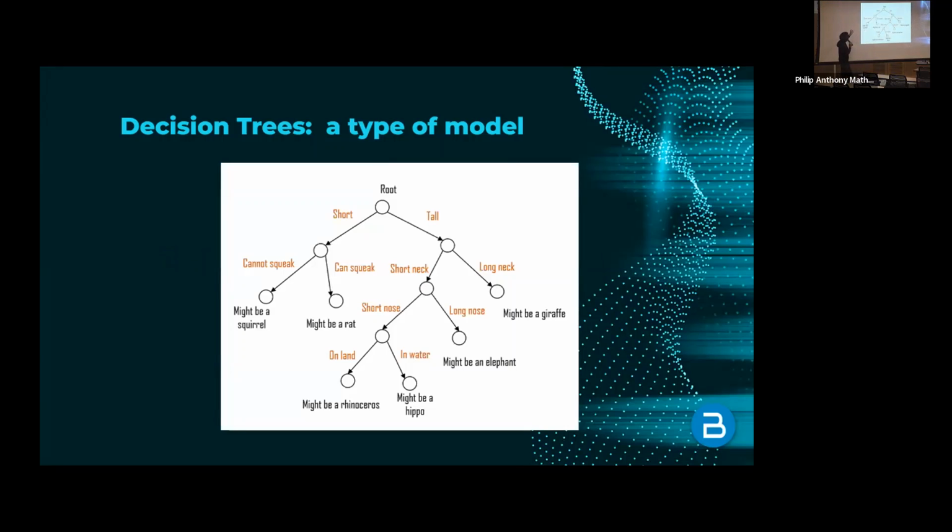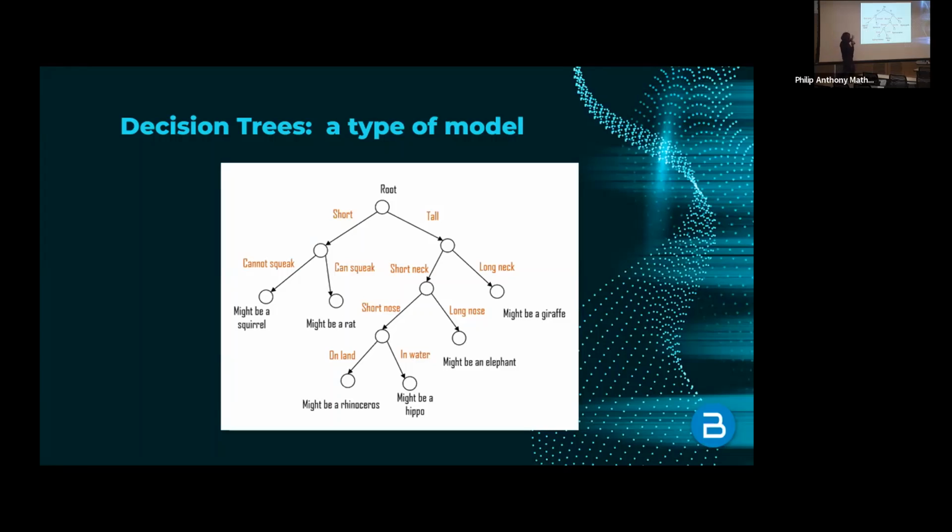This is what a decision tree would look like for that type of task. Let me go one by one. By the way, all these circular things are called nodes. The root node is the first question you ask.